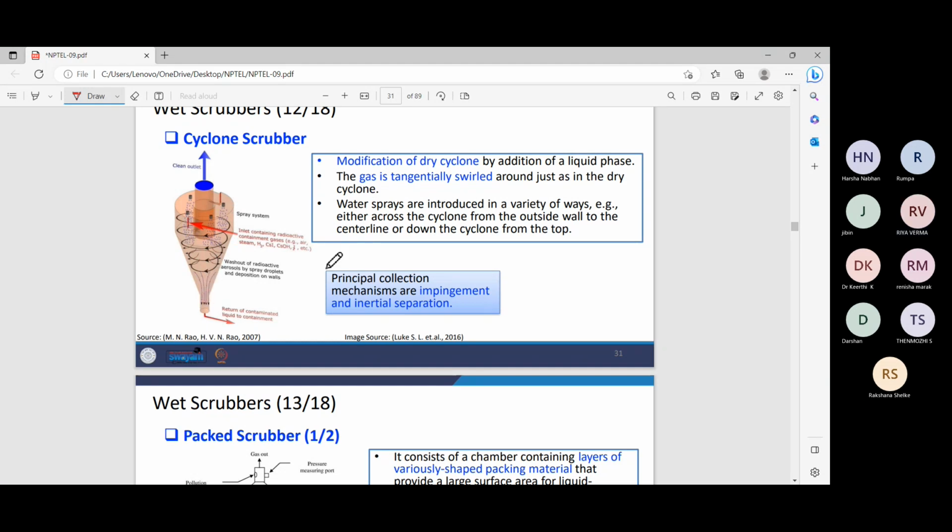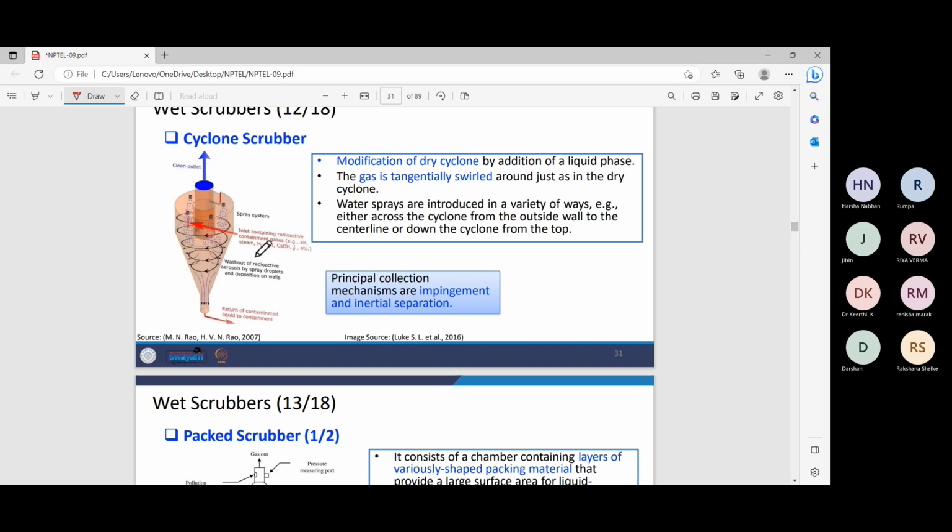They come down from that chamber, and this is your return of contaminated liquid to containment. Basically the gas is continuously swirled around, just the same as what they do in the dry cyclone. The minor change is that in dry cyclones there are no water sprays.